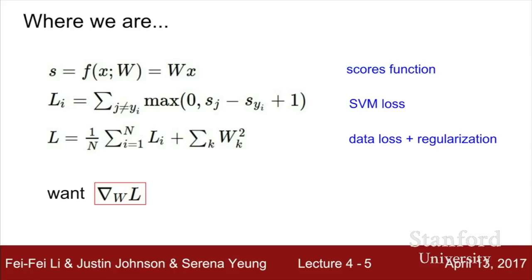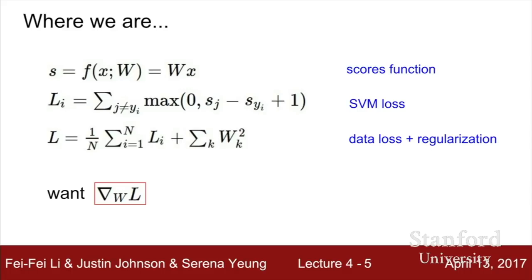For example, the SVM loss function that we've talked about, which basically quantifies how happy or unhappy we are with the scores that we've produced, right? And then we can use that to define a total loss term, L here, which is a combination of this data term combined with a regularization term that expresses how simple our model is. And we have a preference for simpler models for better generalization.